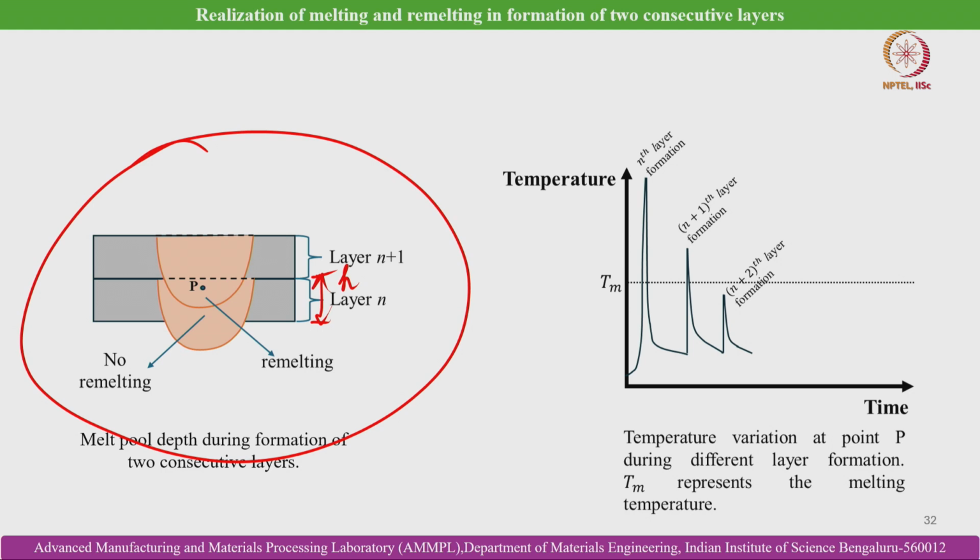Okay. And here this is a typical temperature variation at point P. So, you can see this is the point P, and for it, you see during different layer formation, Tm represents the melting temperature.